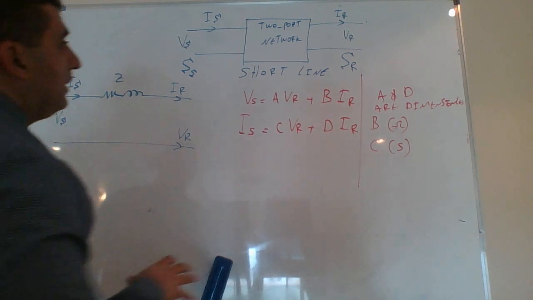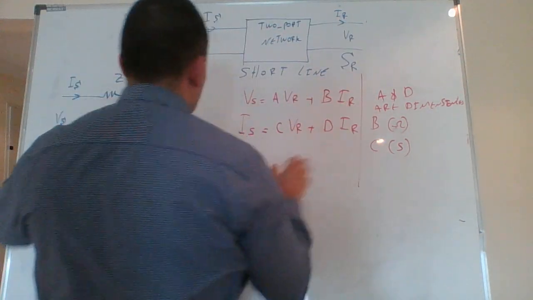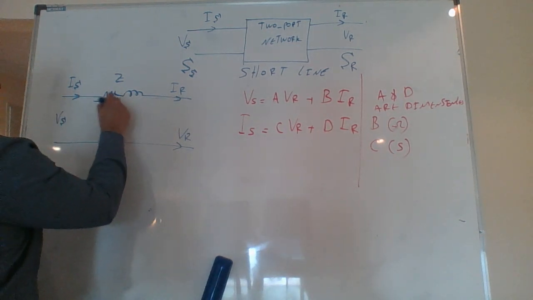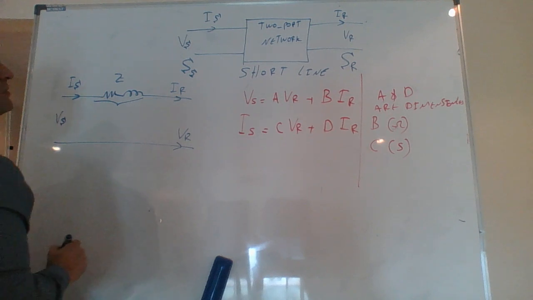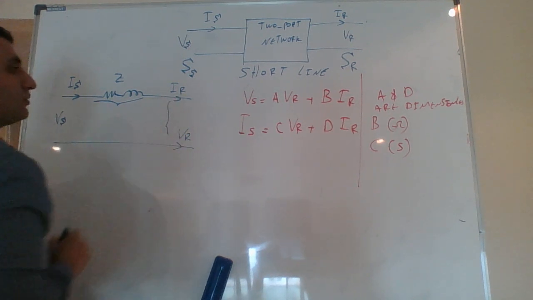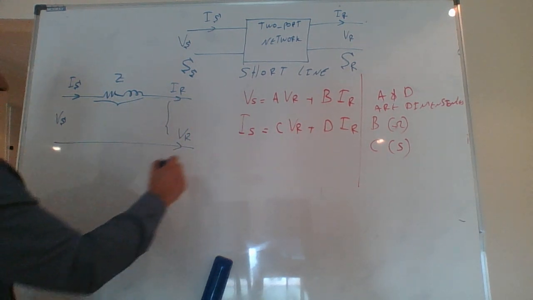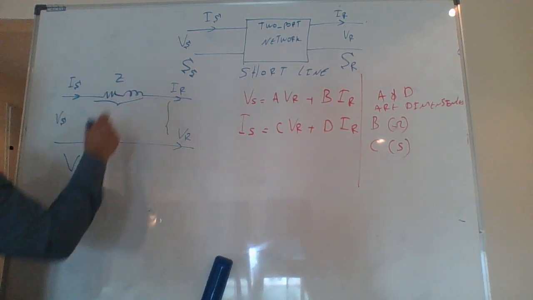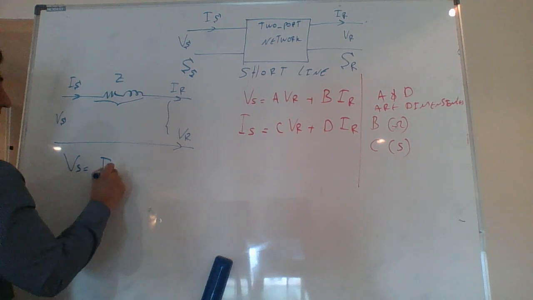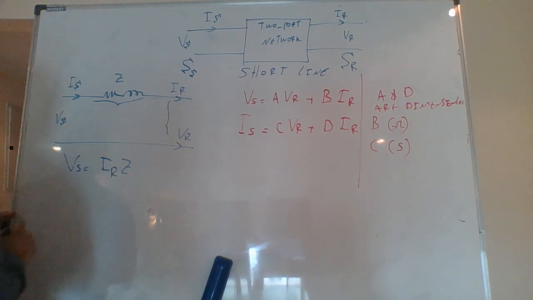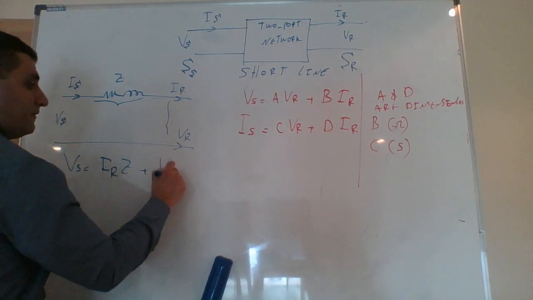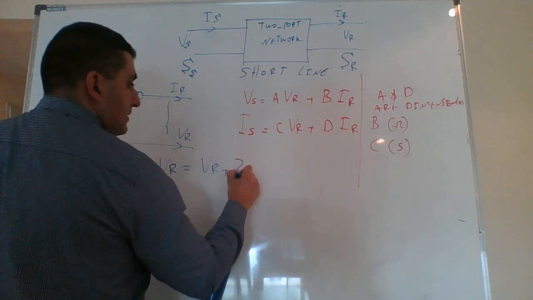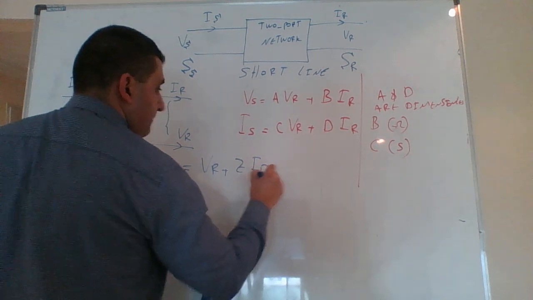So I want to apply this concept to the short line. Vs is equal to this voltage plus this voltage: Vs equals the current IR times Z plus VR, which is VR plus Z IR.